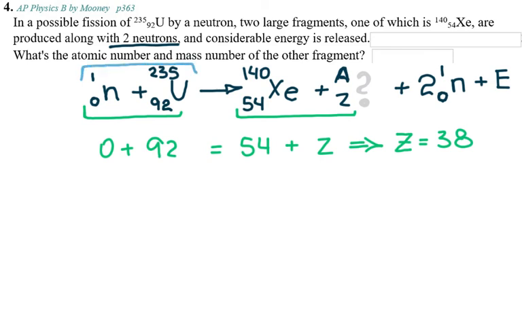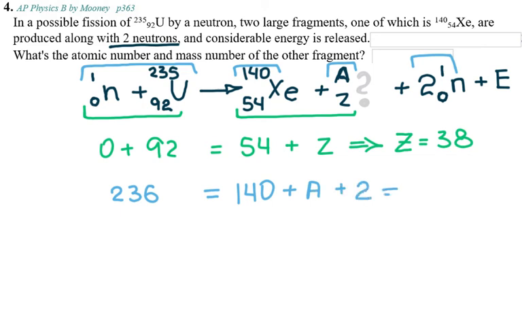On the left side you have 236 nucleons, and on the right side you have 140, then you have A, and then you have 2 neutrons. So on the other side you have 140 plus A plus 2 neutrons.